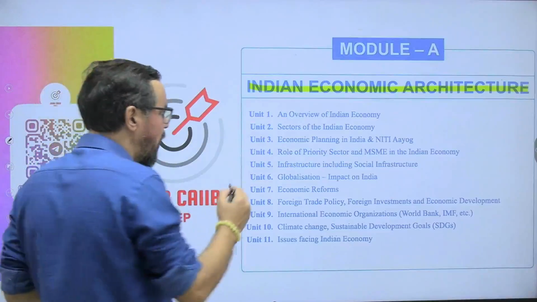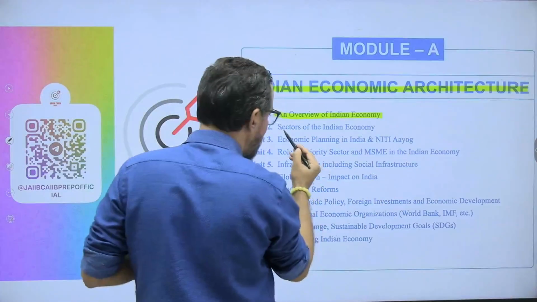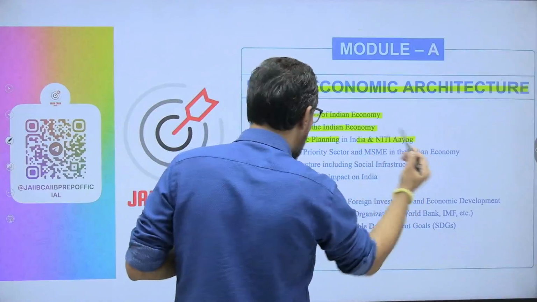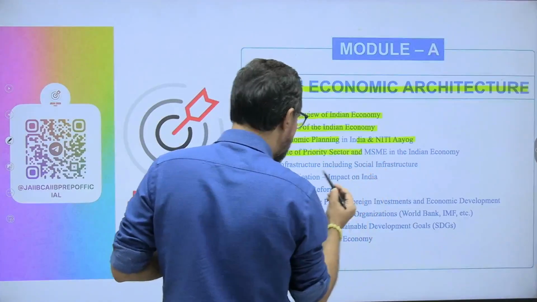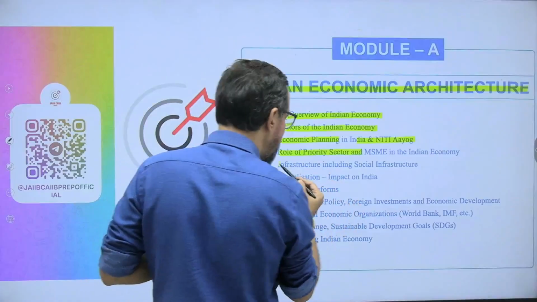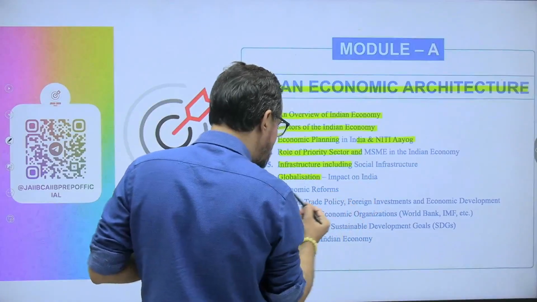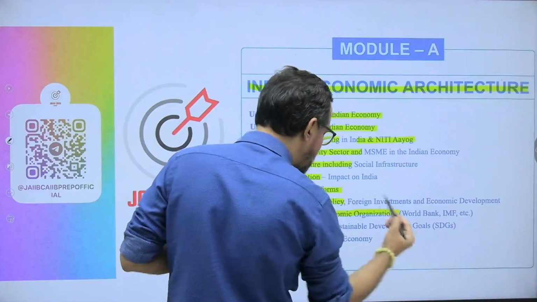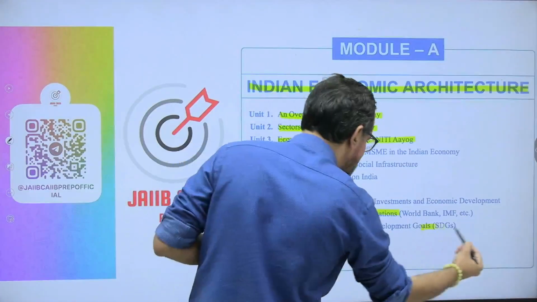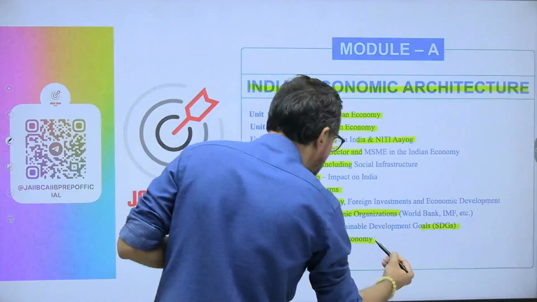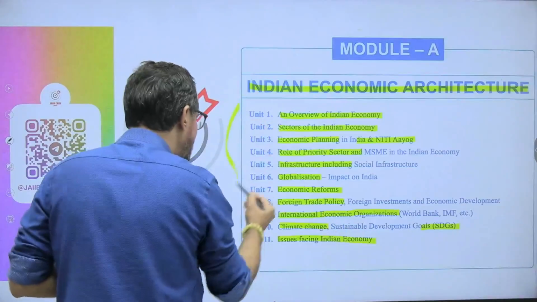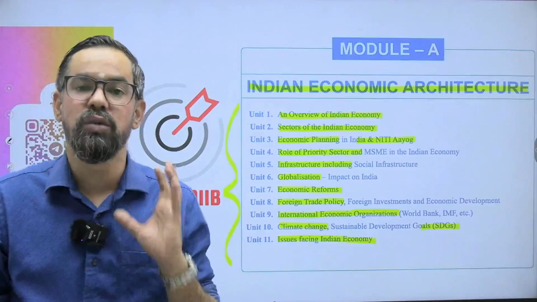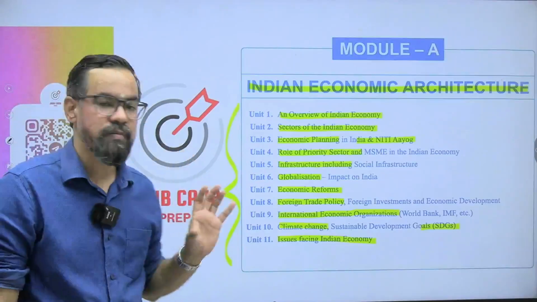It includes an overview of the Indian economy, sectors of the Indian economy, economic planning and Niti Aayog, the role of priority sectors and MSMEs in the Indian economy, infrastructure, globalization, economic reforms, foreign trade policy, international economic organizations, climate change and sustainable development goals, and issues facing the Indian economy. We have 11 units and you can expect 20 to 25 marks of questions based on these 11 units.